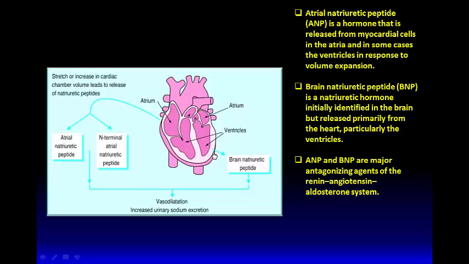Both are major antagonizing agents of the renin-angiotensin-aldosterone system.